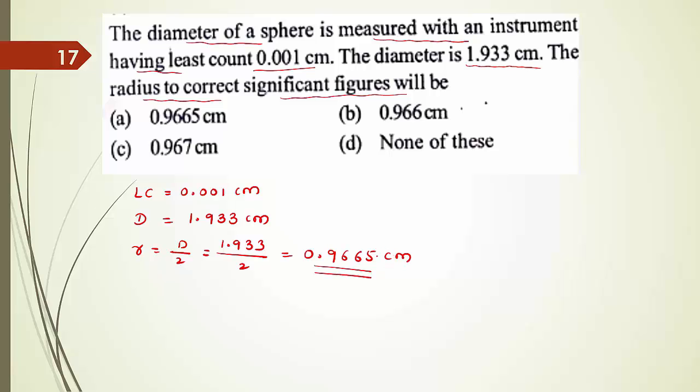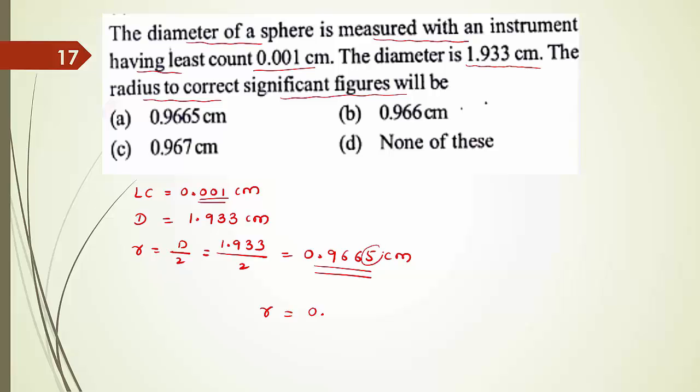But according to significant figures, we have to express it. So now you can observe the least count has 3 digits after the decimal point, right? So our final answer should have 3 digits after the decimal point. Our result has 4 digits, you can observe 9665. So now we have to make a correction and express it in terms of significant figures, that means only 3 digits after the decimal point. So R equals 0.9665.